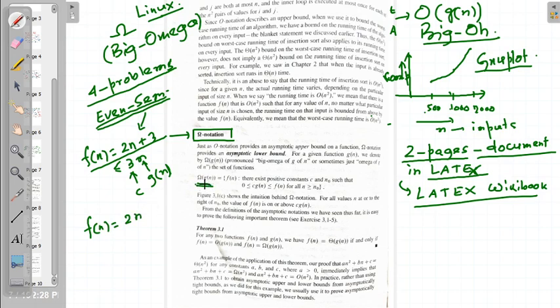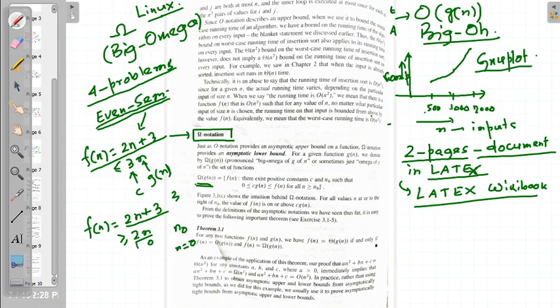So 2n plus 3, I can also write that this is greater than or equal to 2n. This will be true for some n naught, for n greater than or equal to n naught. If I put n equal to 0, this side comes to 3 and this side comes to 0. So 3 is greater than 0, so this is satisfied.